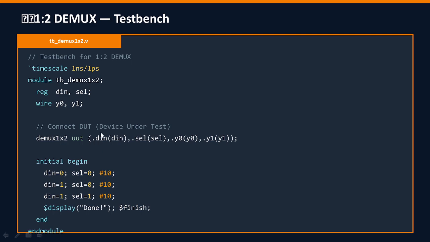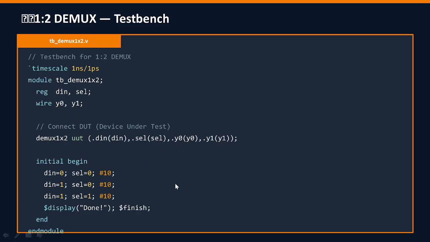You have written dot d in, with brackets and d in inside. This means I am going to connect our test bench d in to the design d in. So I am mapping the d in of the test bench and the design code.